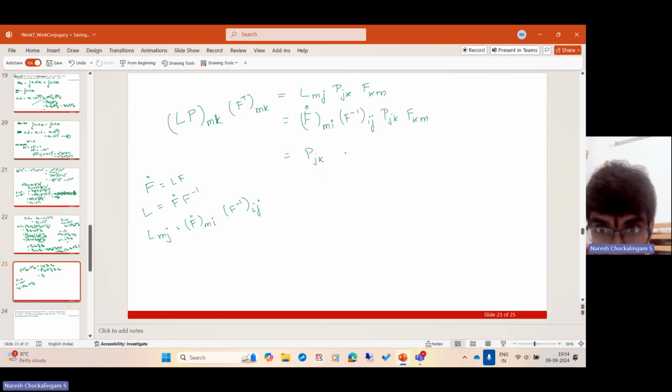So we have an F inverse transpose JI, F dot transposed IM, and we have FMK, F transpose MK.